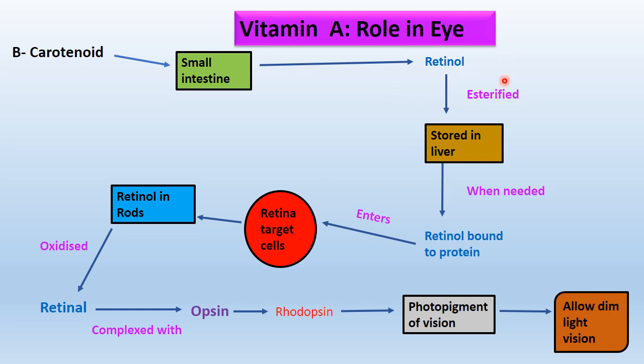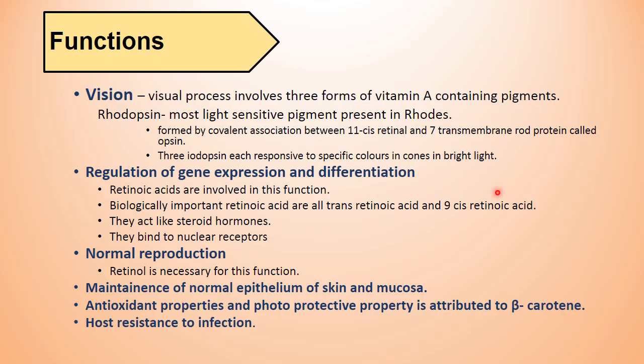So you can simply see the conversion of retinol into retinal, and it complexes with opsin to form rhodopsin. This rhodopsin is present in the eye, in the retina. These are the photopigmented cells. This photopigment rhodopsin is very essential, which allows us to see. Functions of vitamin A: the most important function is vision. The visual process involves three forms of vitamin A containing pigments.